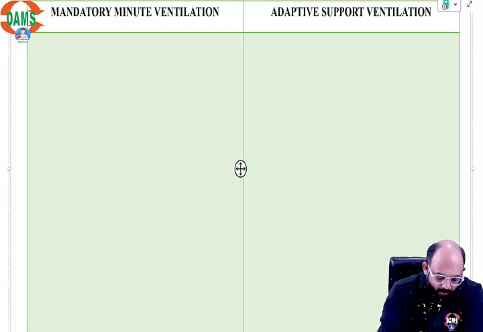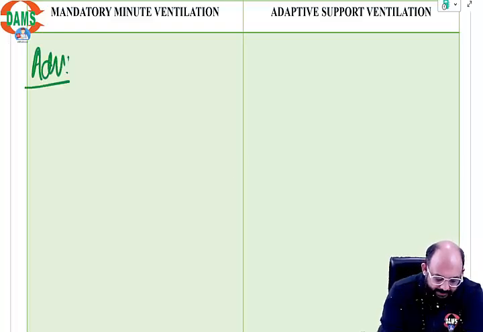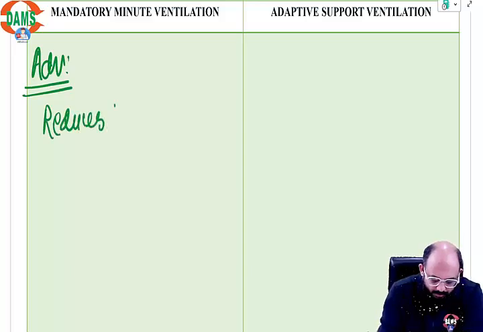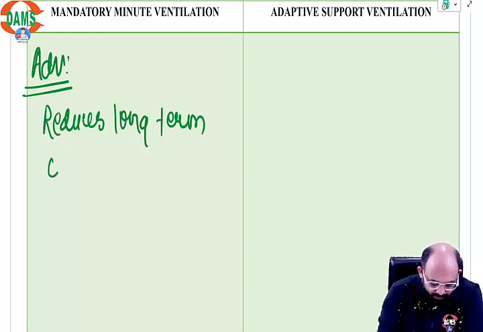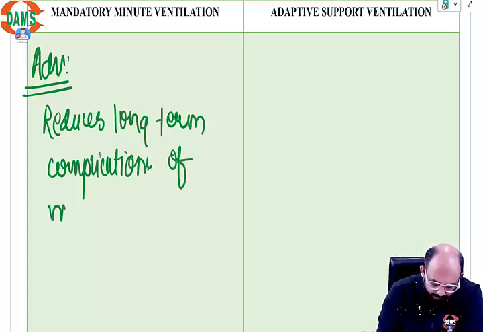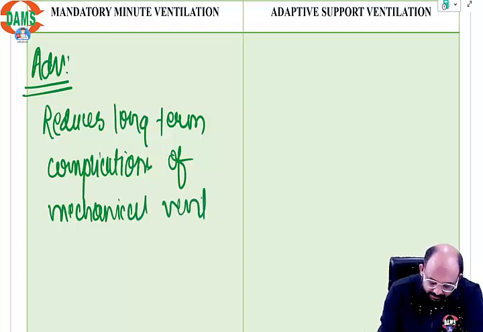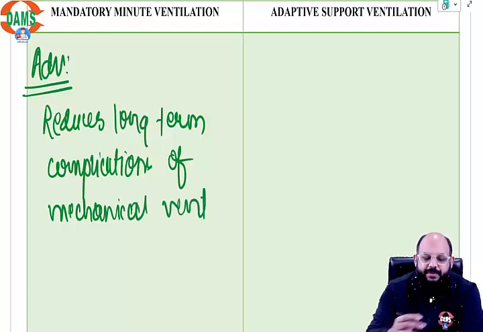Now, what is the advantage of mandatory minute ventilation is that it reduces long-term complications of mechanical ventilation, because it is letting the patient breathe. So it is promoting spontaneous ventilation.